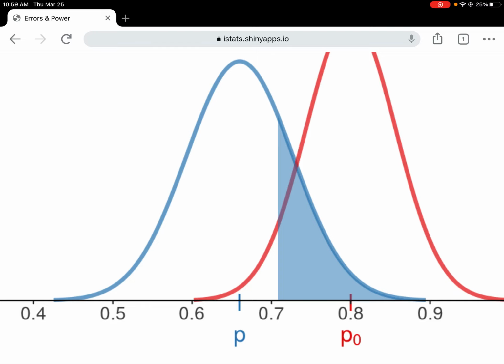So this blue region overlaps our null hypothesis. It overlaps the type 2 error. That's why it's a type 2 error, because sometimes even if HA is true, we say that HA is false and we believe the null hypothesis. That's the type 2 error.